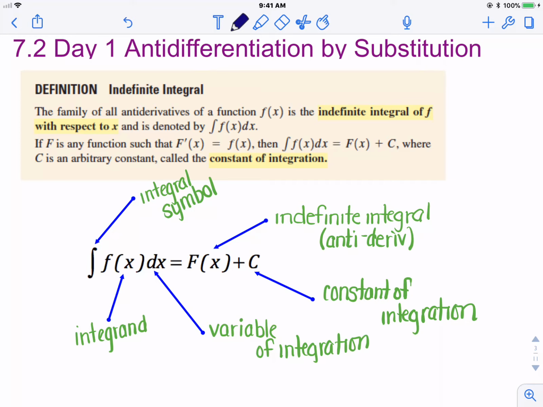And we need our variable of integration, that dx, and it needs to match. And we're going to use the fundamental theorem that says there is some capital F antiderivative, a family of them, that plus the constant of integration, is the result of doing that integral. So we call the indefinite integral that antiderivative value that we get.